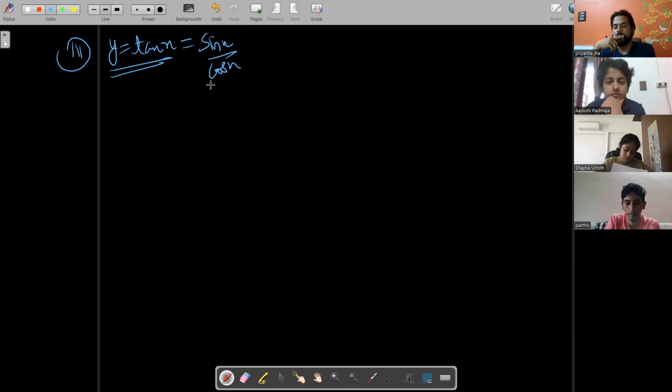First, you have to observe at what values of x tan x is undefined. tan x will be undefined whenever cos becomes 0, because cos is in the denominator, and if the denominator becomes 0, it will be undefined, isn't it? So now you have to check at what points cos becomes 0.